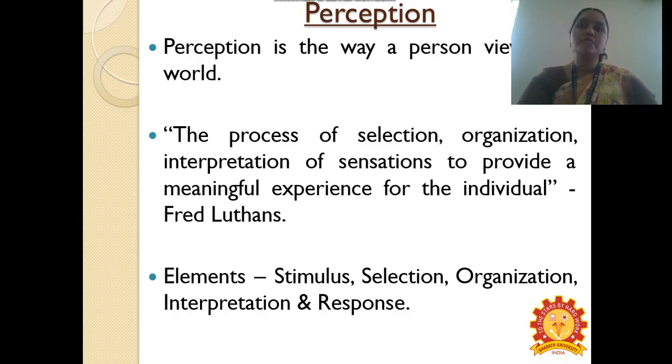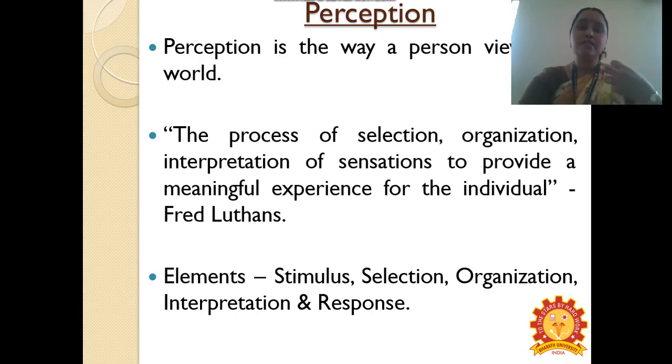So perception is influenced by the people's values, their beliefs, their needs and their emotions. So the same situation, when different individuals face it, will be perceived in a different manner by different people.